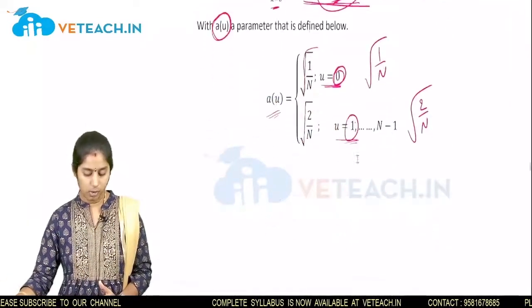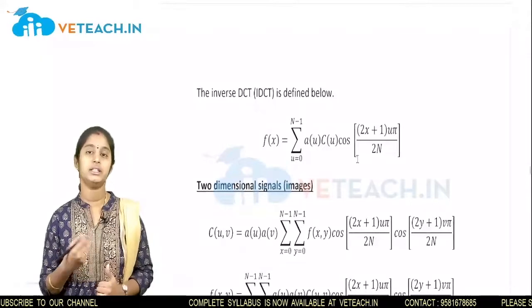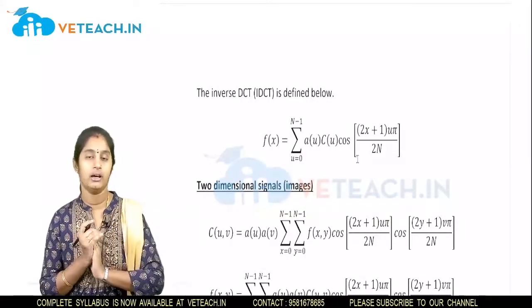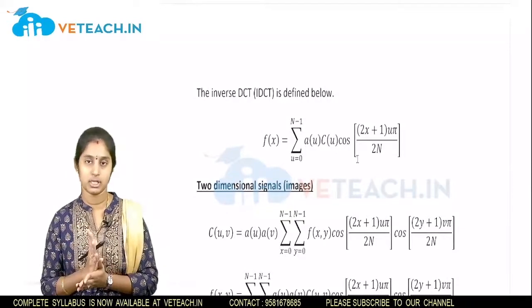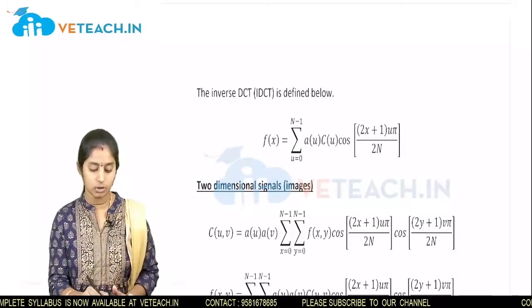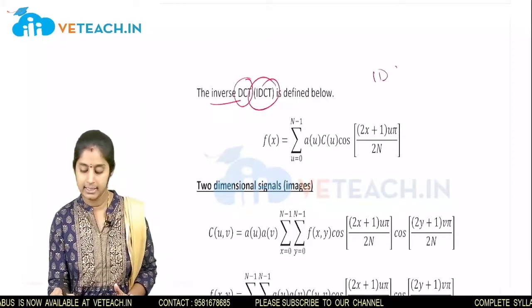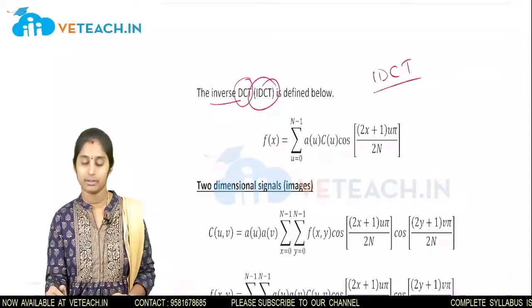So now we have the inverse. Automatically we will be discussing the Fourier forward and reverse transformations. So now we are considering the discrete cosine transformation in inverse, which is defined as IDCT, the inverse discrete cosine transformation.